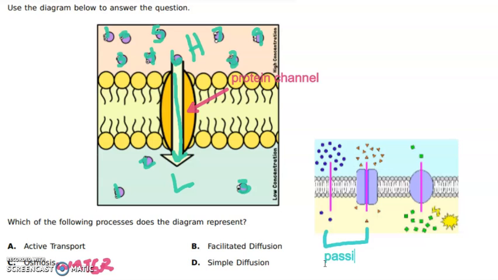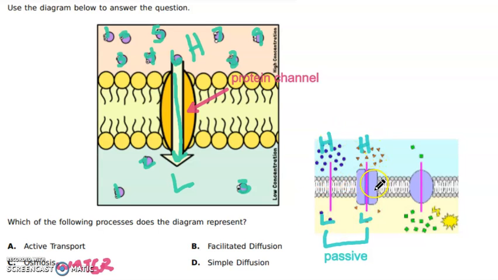The reason these 2 are passive transport is because we are going from a high amount of molecules to a low amount. We're going from high to low, not because we're going from the top of the picture, but because, for example, here we have way more triangles than we do down here. So this is passive transport.